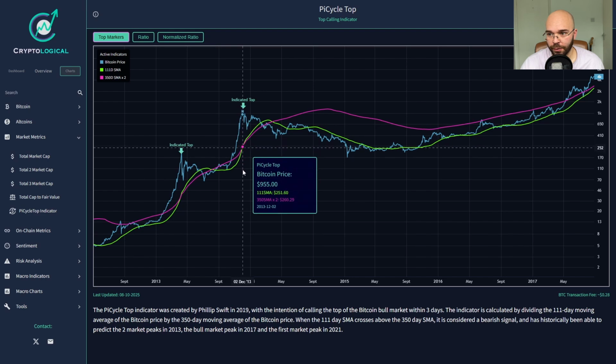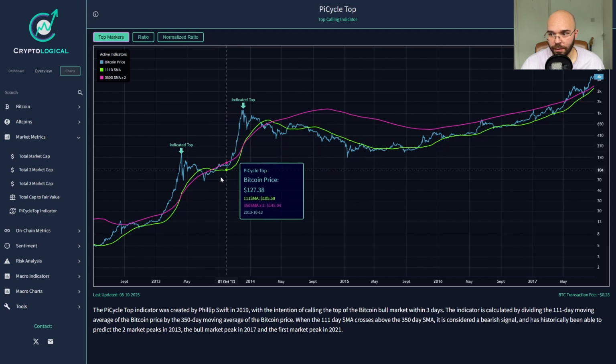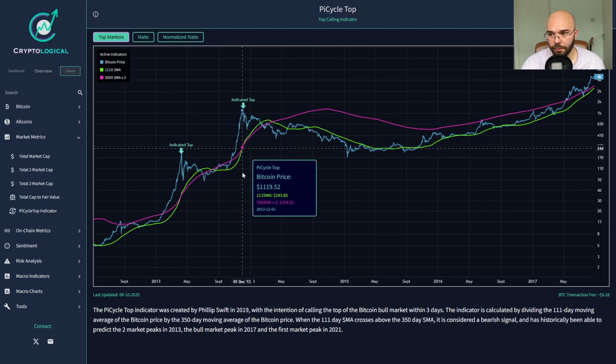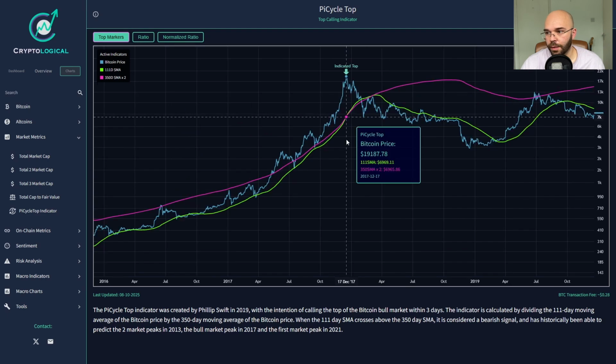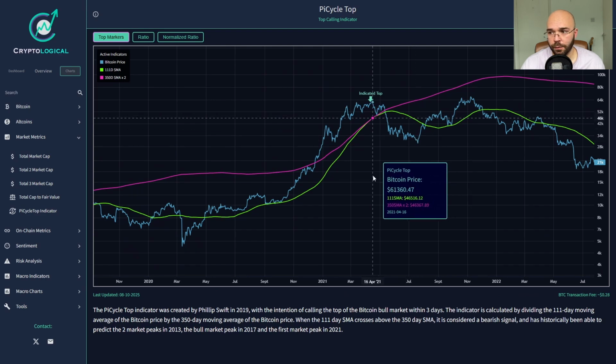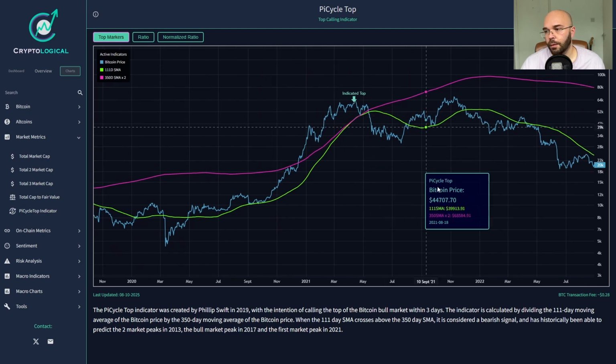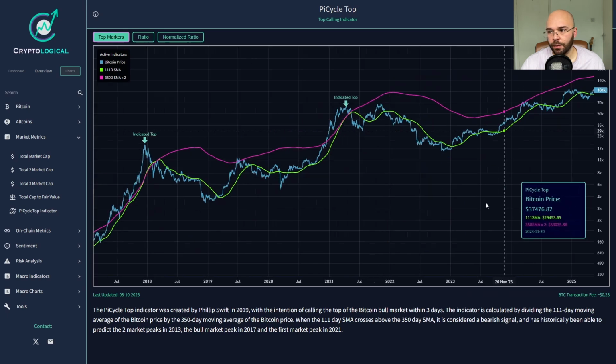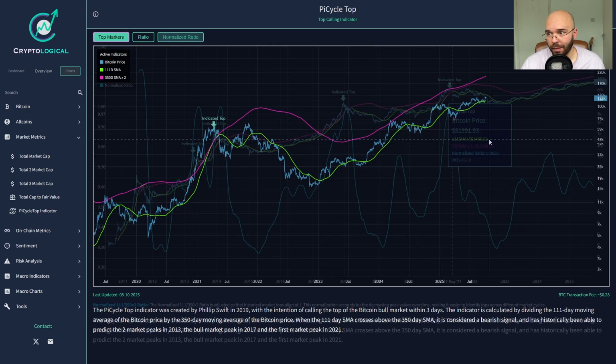It's pretty close here where they cross back in the 2013 cycle. And then they crossed over right here at the top of the 2017 cycle. And then they crossed over for the first peak of 2021, right around the top, but they didn't get anywhere near for the second peak. And they haven't got anywhere near this peak either.